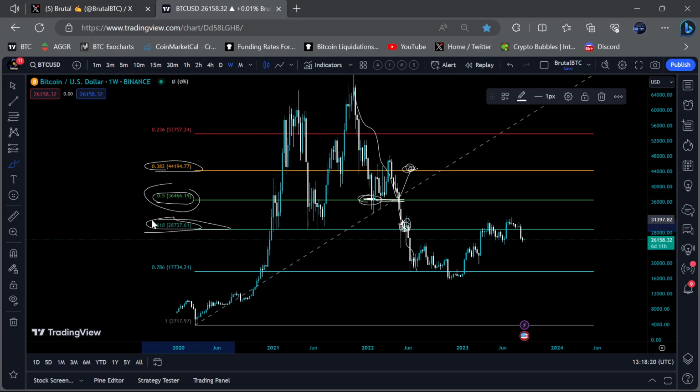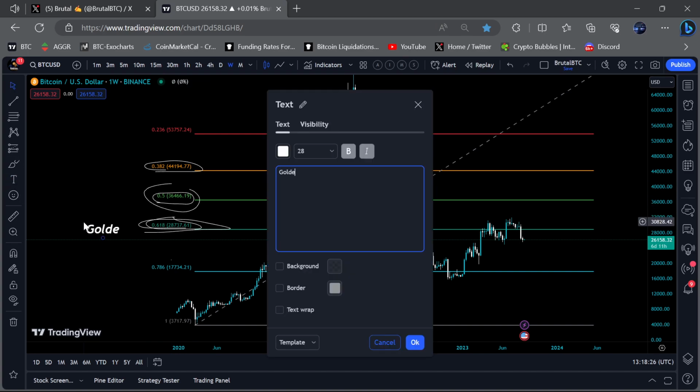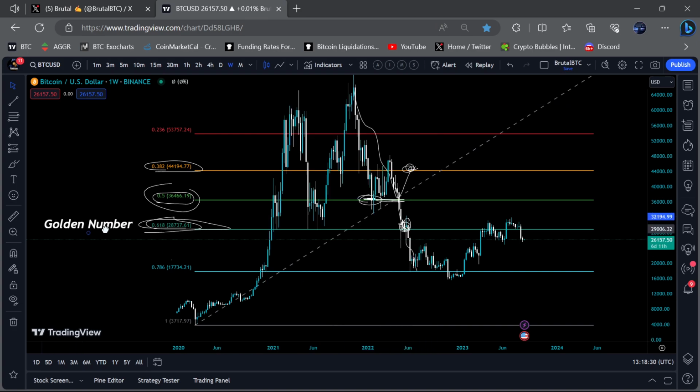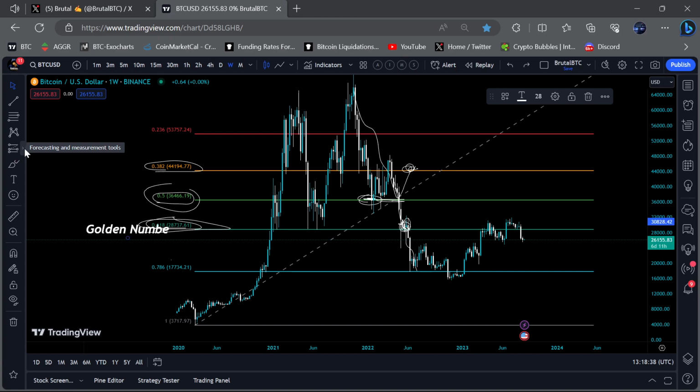Entry number 1 over here, this is basically known as the golden level, golden number, 0.618. There's a complete series on Fibonacci as well. I will share those with you later on, but this is known as your golden pocket as well. Golden pocket basically means a very good entry level.